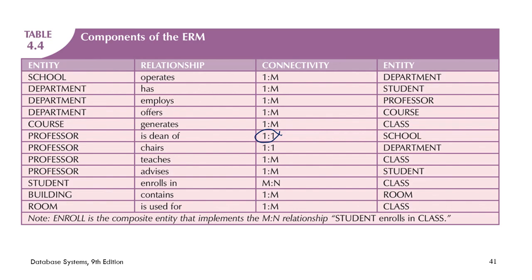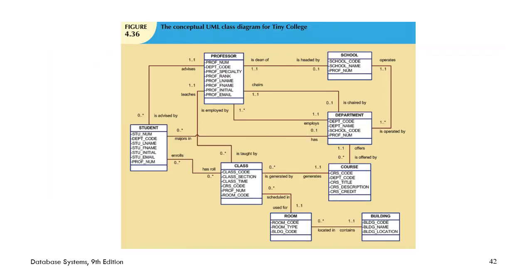From this, finally you can have this ER. Yes, this is UML, but we can simply convert it into the ER also. It will be the same, unless they differ in syntax.